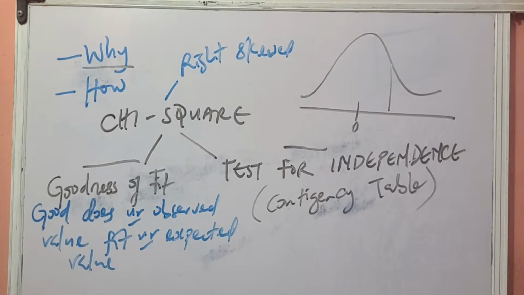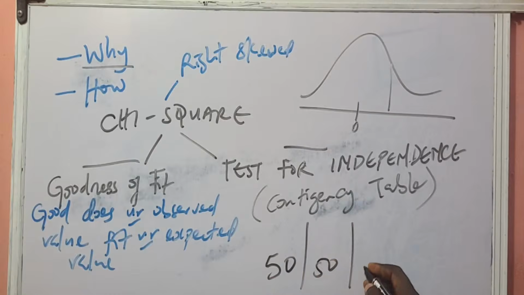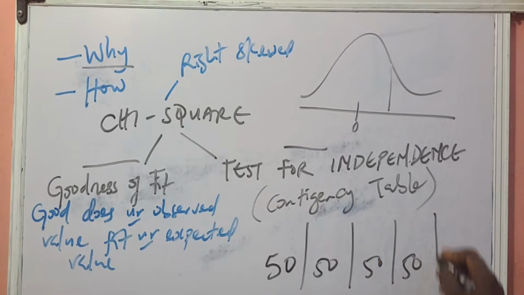For instance, let's say I expect that in the 5 days of the week, in each of your classes, there are going to be 50 absent people every day. So Monday, 50 people are absent, Tuesday, 50, Wednesday, 50, Thursday, 50, and Friday, 50.